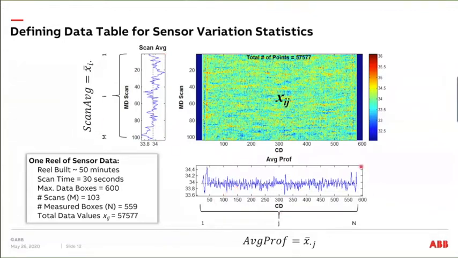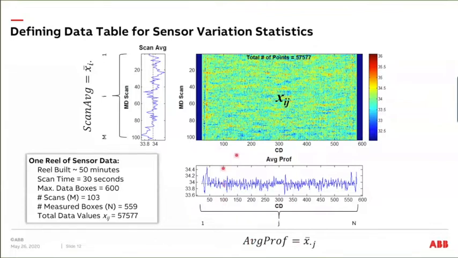Now in the cross direction, we're looking at a given lane. For the MD scan average, we look at the average across the profile. For the CD average, we're looking at a data box or a data lane. In that data lane, for example in 100, we go vertically up, looking at all that data, and that gives us the average value.